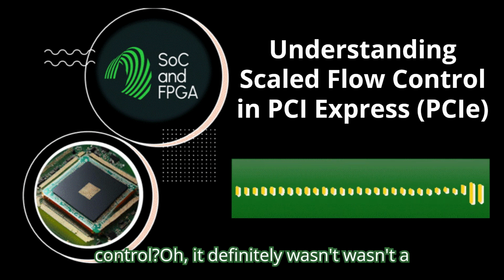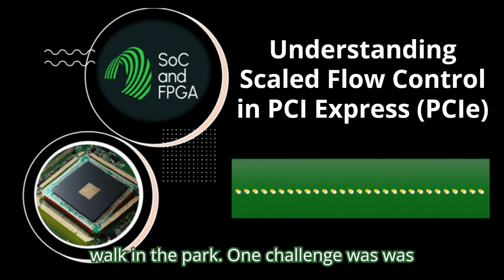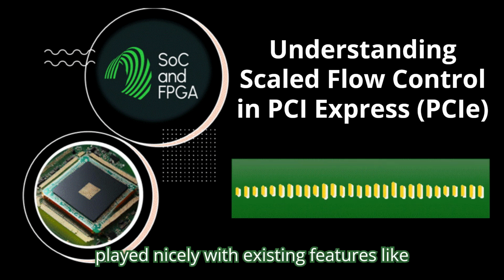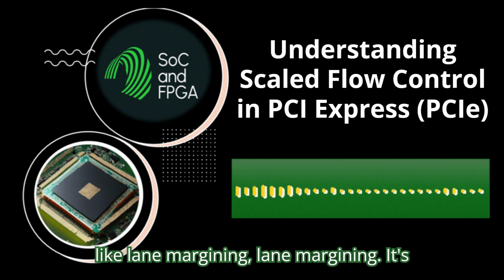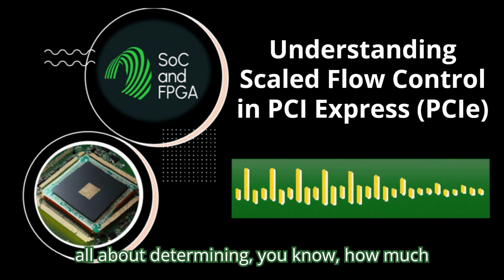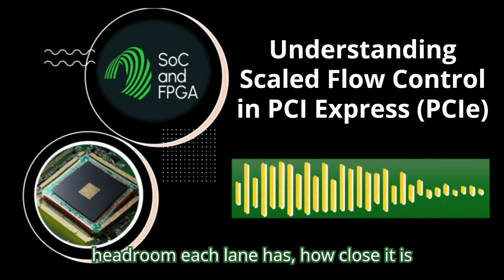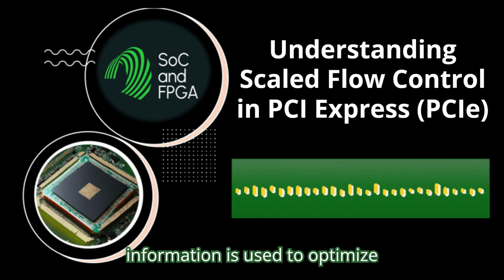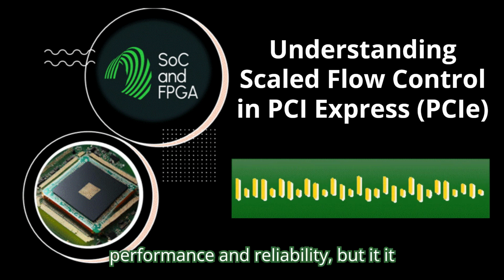Oh, it definitely wasn't a walk in the park. One challenge was making sure that scaled flow control played nicely with existing features, like lane margining. Lane margining is all about determining how much headroom each lane has, how close it is to its operational limits. And this information is used to optimize performance and reliability.